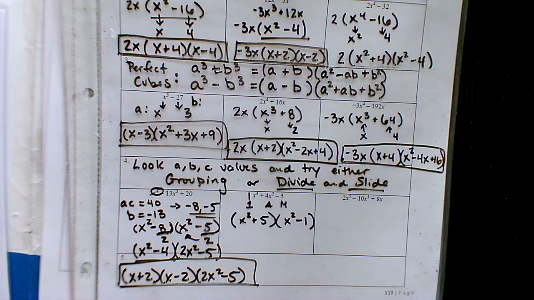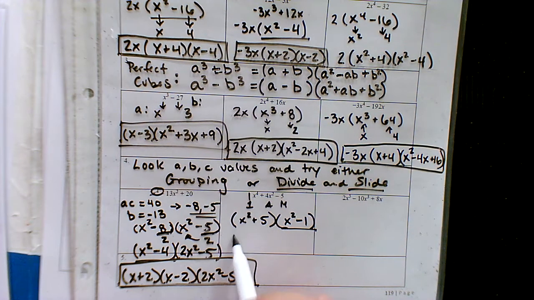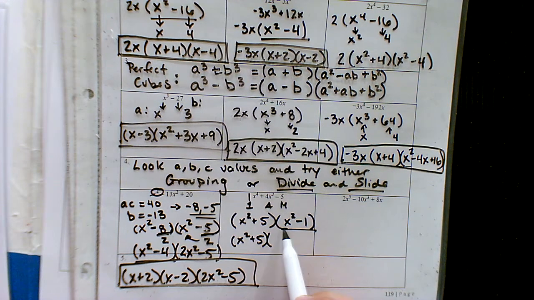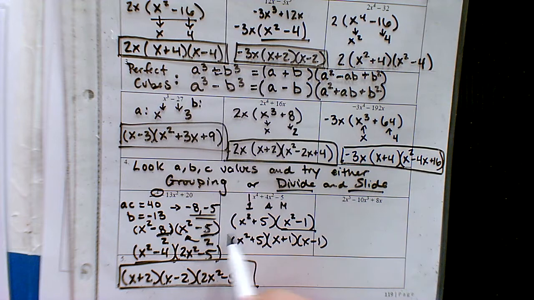Can you do something else? What do you see? The difference of squares. Yep. Difference meaning subtraction, and we have the perfect squares. So the x squared plus 5 can stay the same, but the last factor can change to an x plus 1, x minus 1.